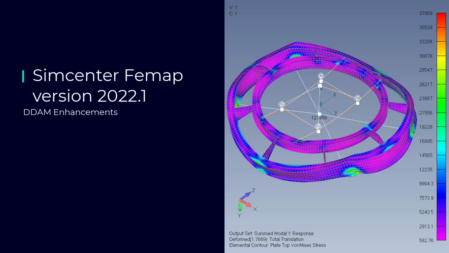Support for a new way to specify control options for the dynamic design analysis method, often called DDAM, has been added to Simcenter Femap 2022.1. DDAM is performed in 3 steps. First, Simcenter Nastran performs a modal analysis on the structure to calculate the modal participation factors and modal effective mass for each mode.